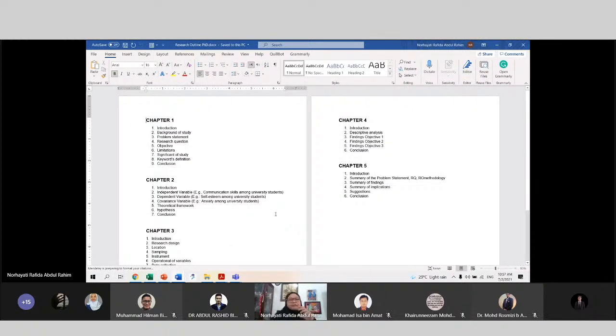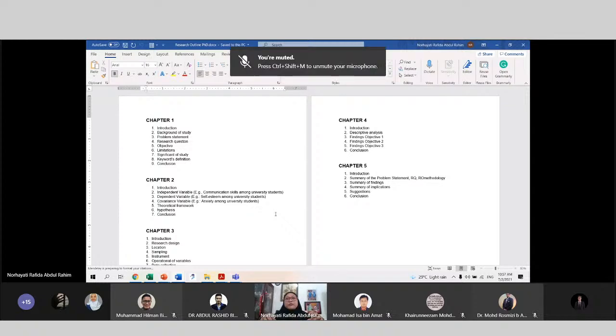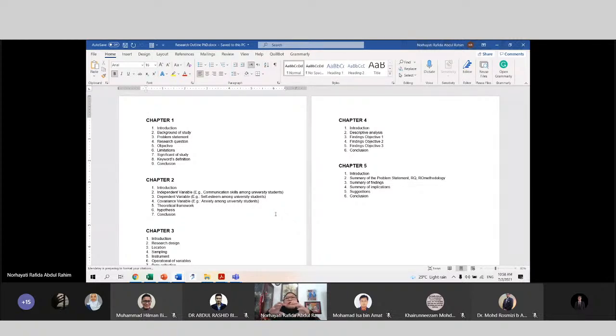FGD is focus group. Bismillahirrahmanirrahim. Focus group discussion where we divide our respondents, not more than 10, 15 at the most. If we cannot avoid the numbers, we divide into 3 tables or 4 tables. Each table will discuss the same thing, and we ask the respondents to present their findings.